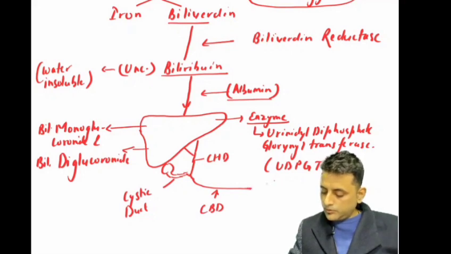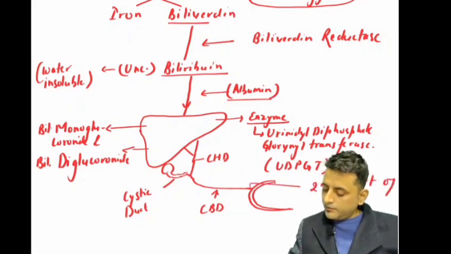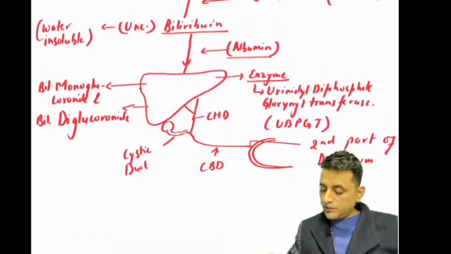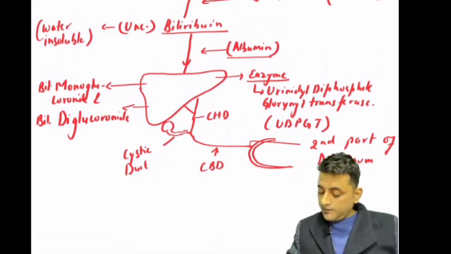Now this will open to the second part of the duodenum. So, my dear students, what you should remember here is that the conjugated bilirubin will come here.